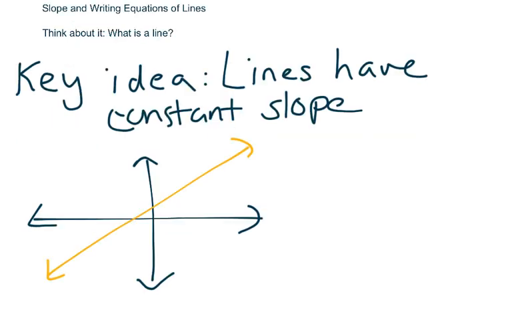So let's just take this back to our picture over here. When we say that lines have constant slope, what we mean is the steepness of the line is the same everywhere. It never changes. So if you were skiing down this line, the steepness of the slope would be exactly the same all the way.